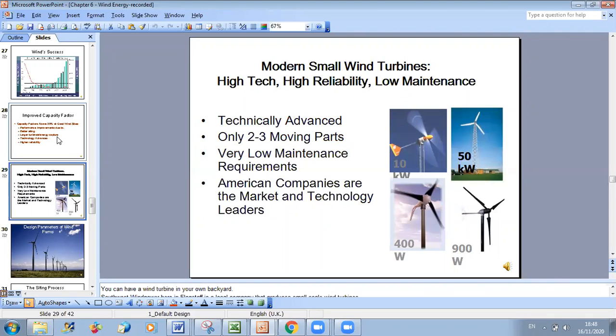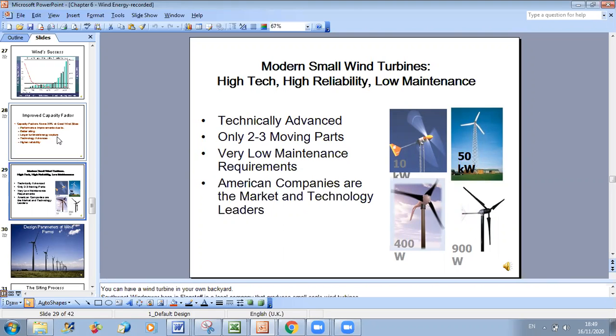Now, with time, the size of the turbines was largely increased. So we went from small to very large turbines, because we will see that the larger the turbine, the larger the power we can extract. Technically, we have, in general, 2 to 3 moving parts.